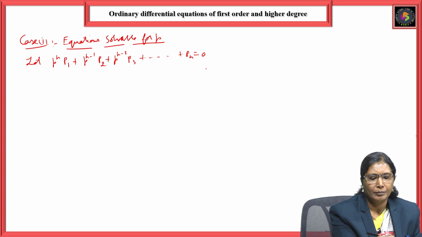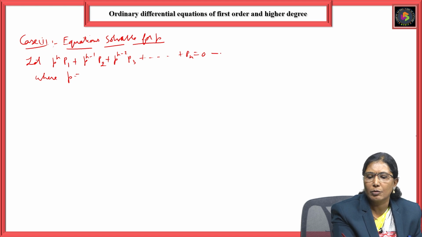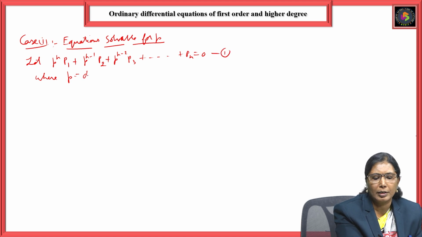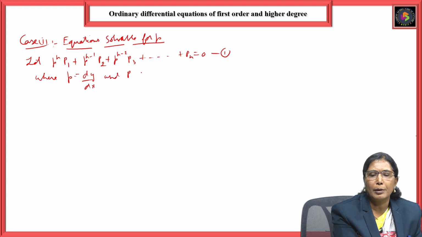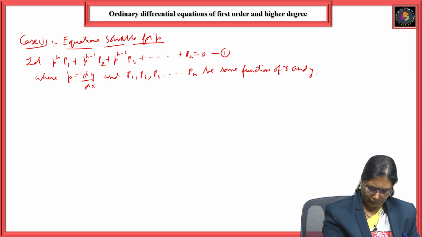Let us take this equation as 1, where p is dy by dx, and P1, P2, up to Pn are some functions of x and y.